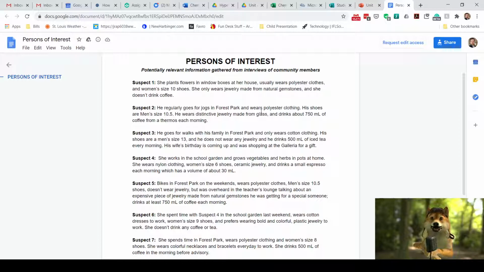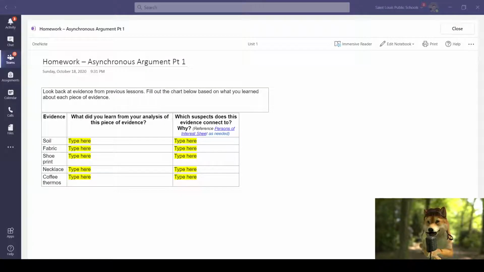And so you could say in your assignment that this piece of evidence connects to suspects 2, 3, 5, and 7 because they all visit Forest Park and could have tracked Forest Park dirt into the classroom. Alright, and you do that for all 5 pieces of evidence.